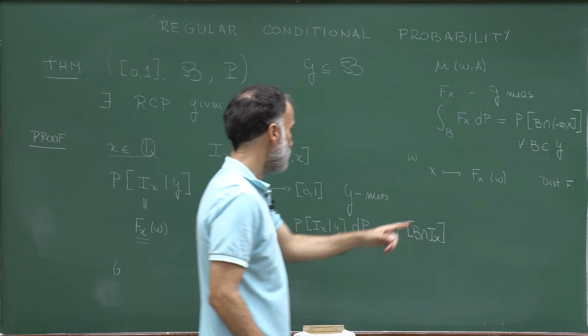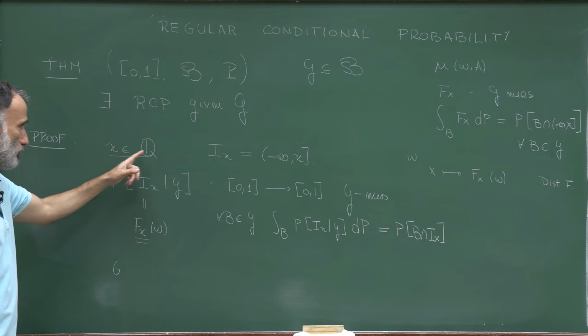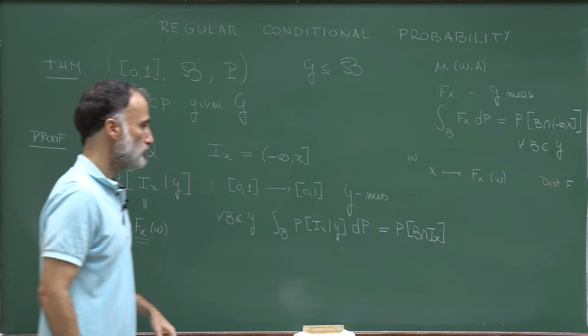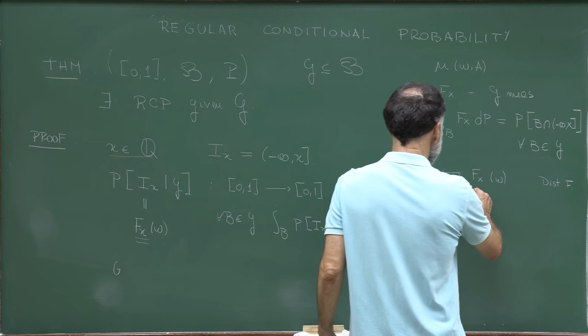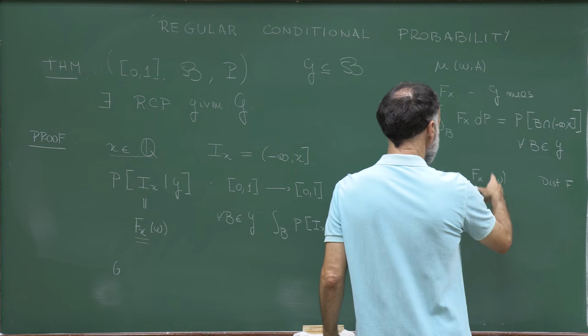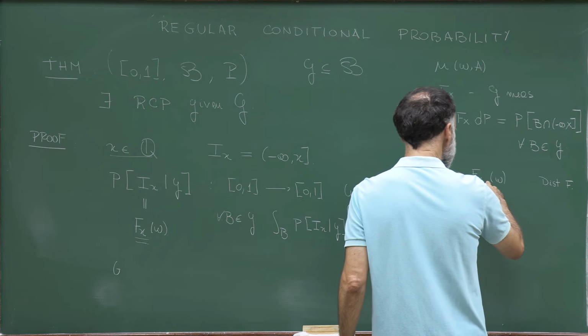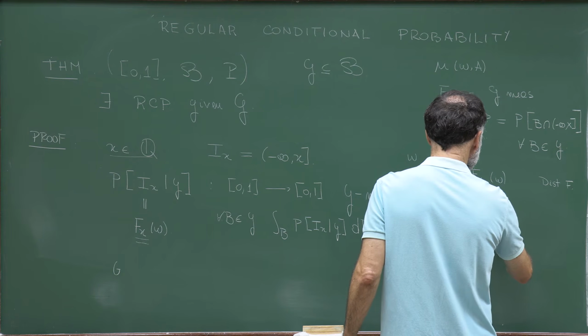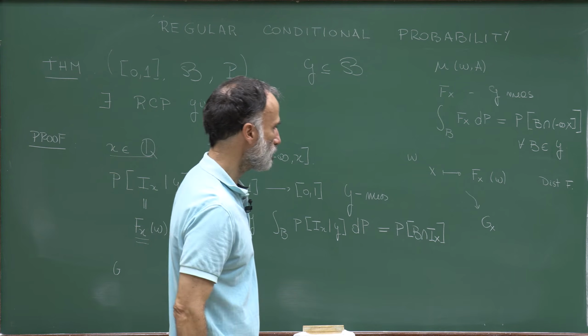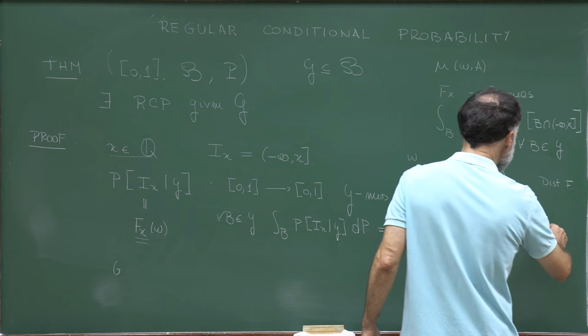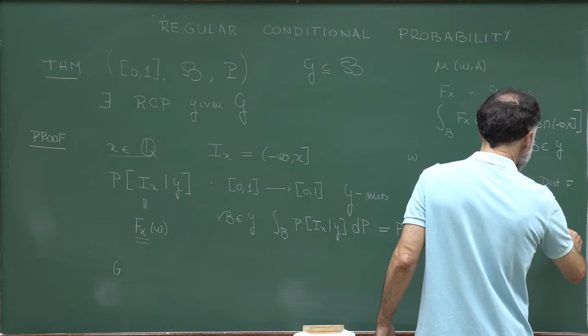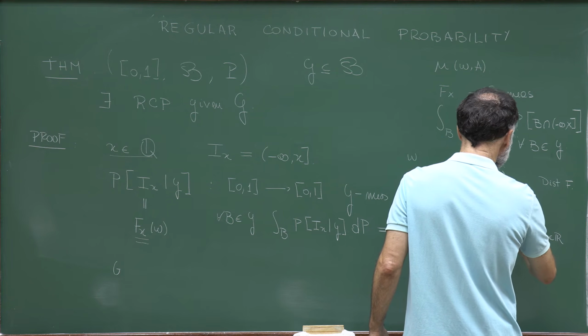But mind, fx is only defined for rational points x. So as we did in previous lectures, we will now, with these fx, define a new gx, which is defined for all x in R, and which is a distribution function.